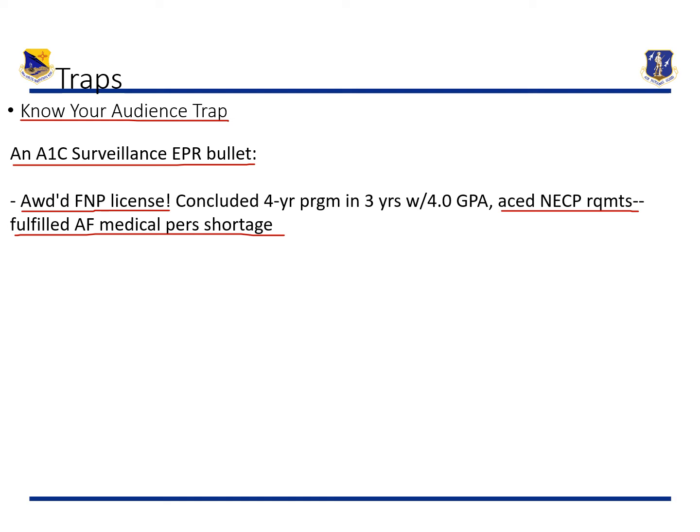First off, we are talking about a surveillance technician. We're not talking about a medical technician, right? And so for those of you that don't know, FNP, I think it stands for, is for family nurse practitioner. And I think NECP is nurse enlisted commissioning program. So just so we all are clear on that, let's figure this out.